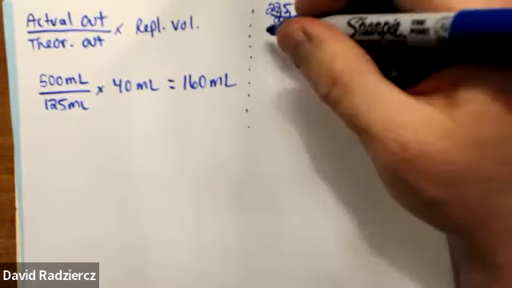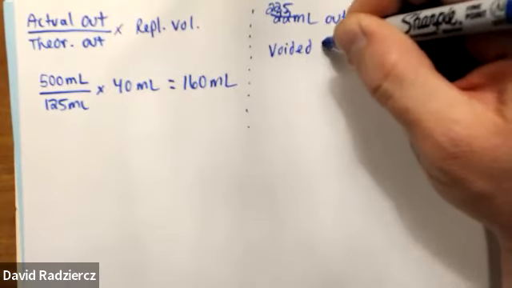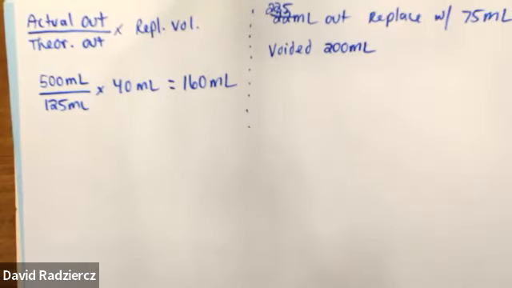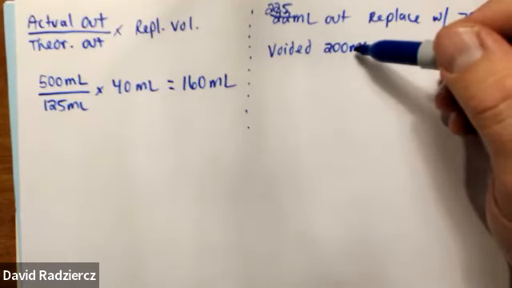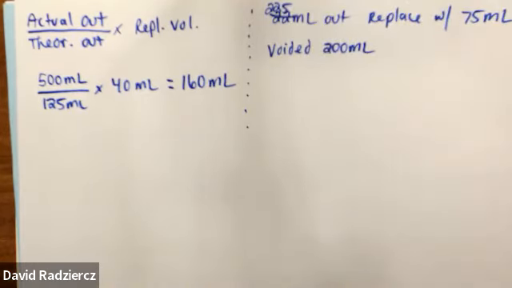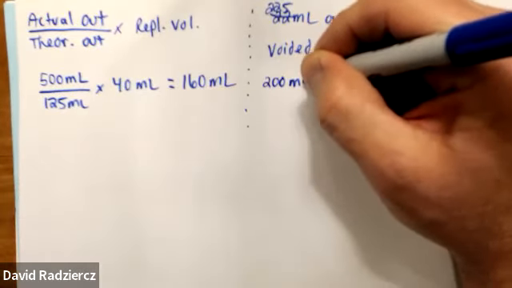And then let's say they actually voided 200 milliliters. You'll notice that the actual output is less than the theoretical output, but I'm still going to set this up exactly the same way. My actual out was 200 milliliters.